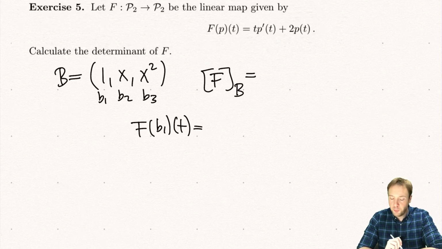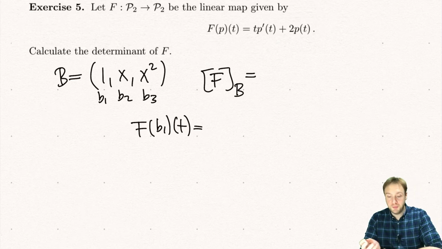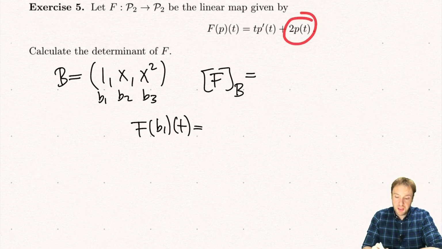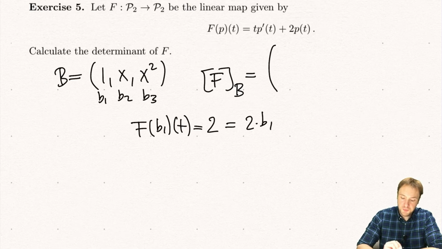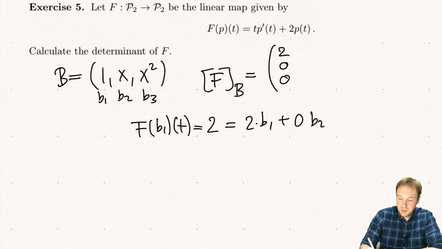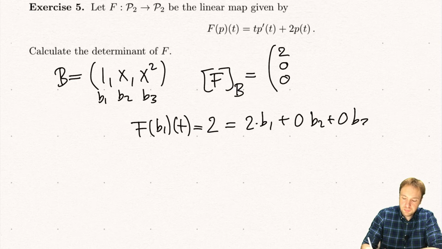Well, b1 is just 1, so the derivative of this is 0. So it's 2 times the just 1. So this is 2, which is 2 times b1. So here the first entry is 2, 0, 0. Because here it's 0 b2 plus 0 b3.